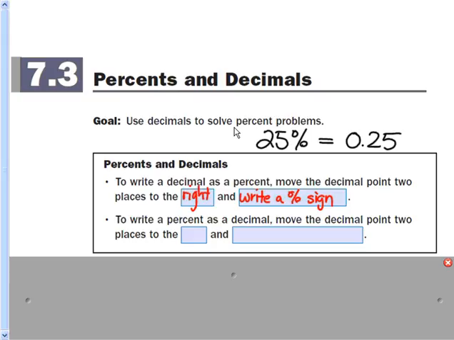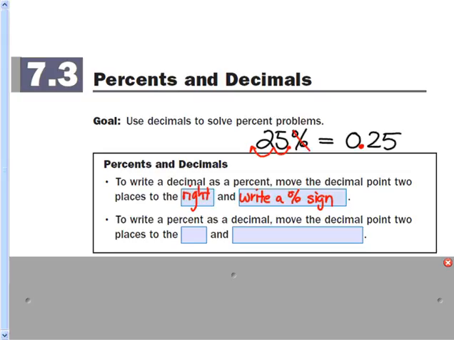Looking at the decimal point, 25% has a whole number in it. There's the decimal point. The decimal point in the decimal form is right there. So it looks like to go from the percent to the decimal, I have to move the decimal point to the left twice, so it lands here, and take out the percent sign.